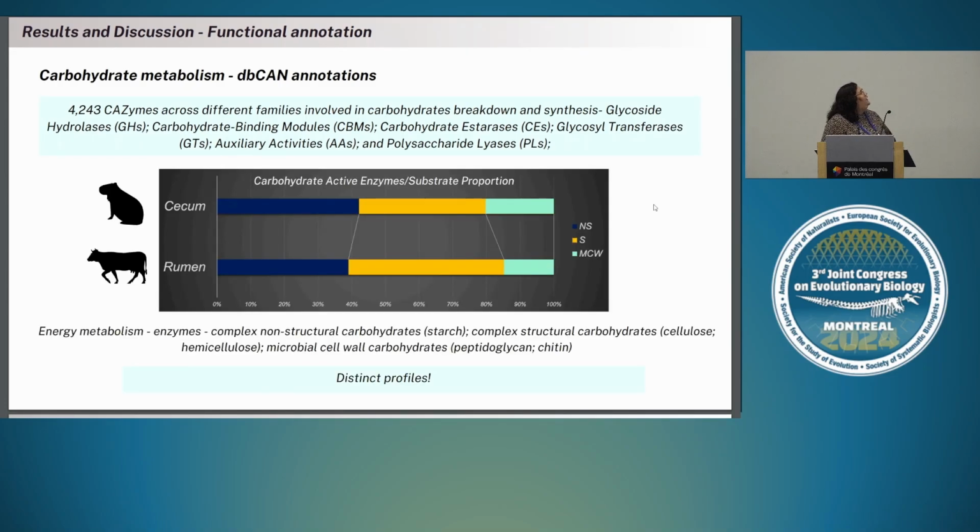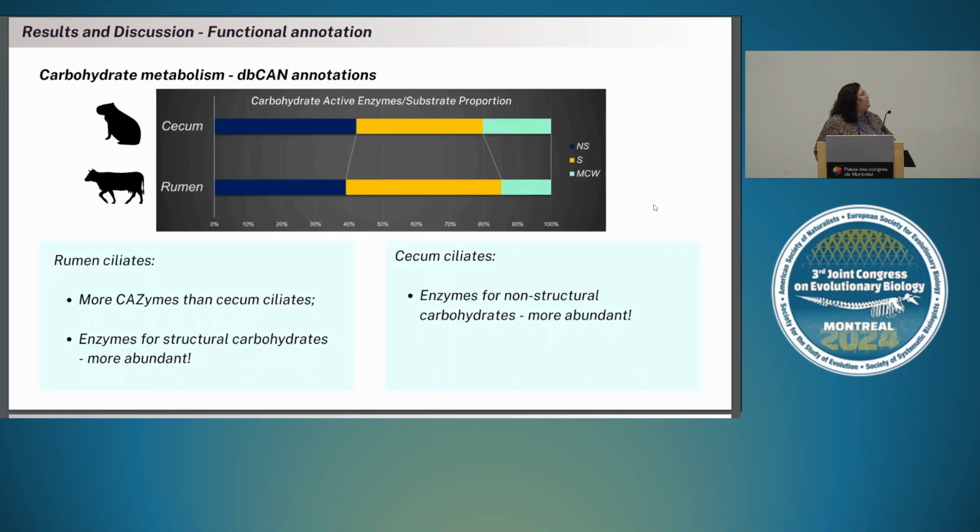Most of these enzymes are related to the energy metabolism of the ciliates and act on distinct substrates: complex non-structural carbohydrates marked in these graphs in blue, complex structural carbohydrates marked in yellow, and microbial cell wall carbohydrates, mainly peptidoglycan and chitin, marked here in green. We can see two distinct profiles between ciliates inhabiting rumen and cecum environments.